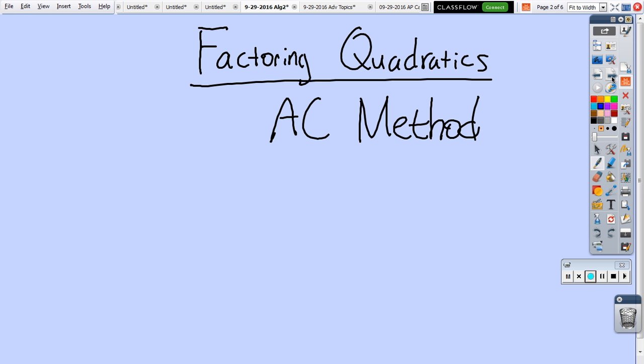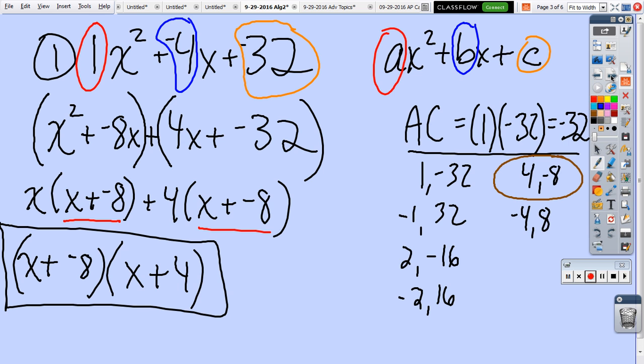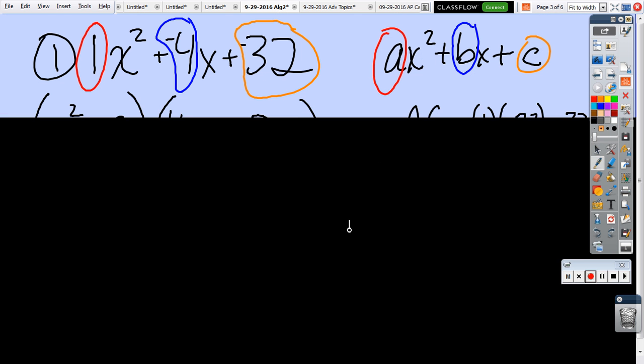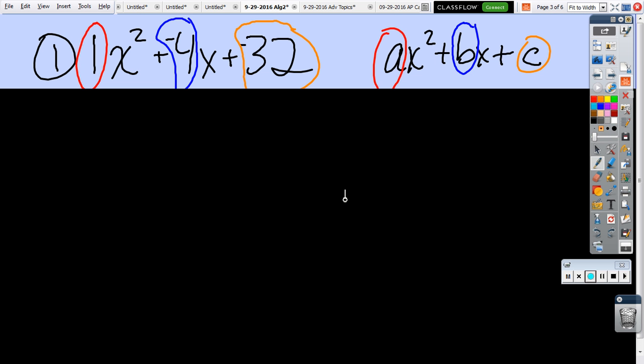So we're going to be looking at factoring quadratics using the AC method. Okay, so for example, number 1 on this worksheet, we have x squared minus 4x minus 32.